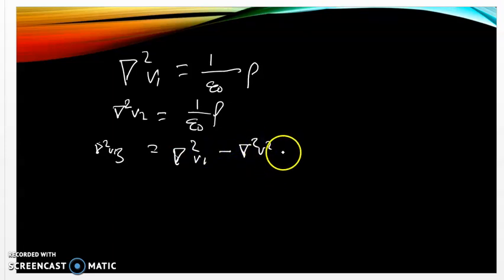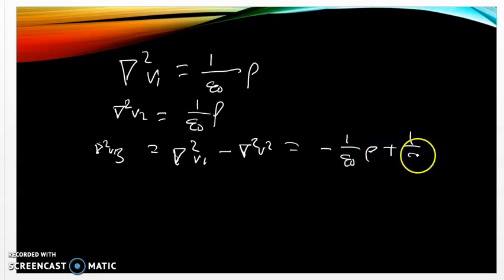Distributing the negative sign, we have negative 1 divided by epsilon naught rho plus 1 divided by epsilon naught rho. From basic mathematics, minus 1 plus 1 simply gives 0.